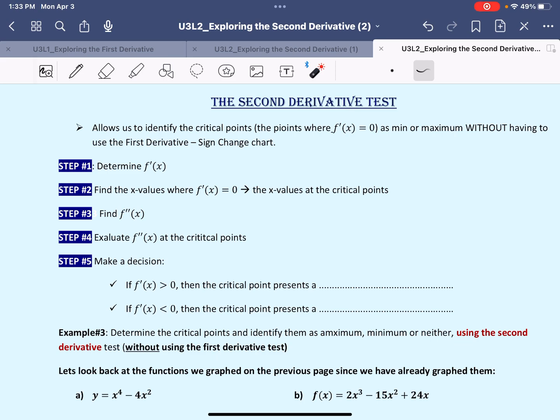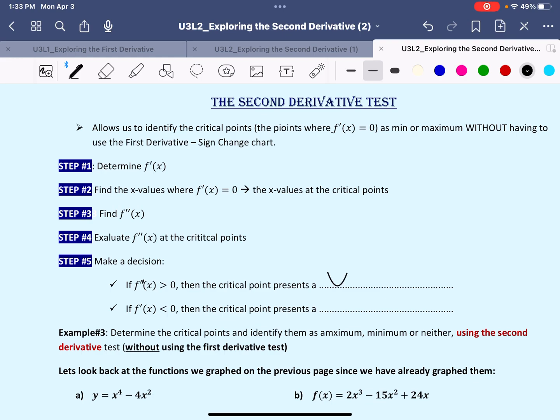And then we find the second derivative. Then evaluate the second derivative at the same x values where the extrema were, and then make a decision from there. If the second derivative is positive at the extrema, that means that the critical point will be hosted inside a cup.